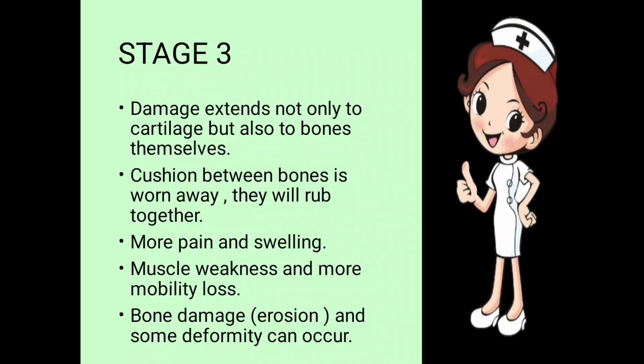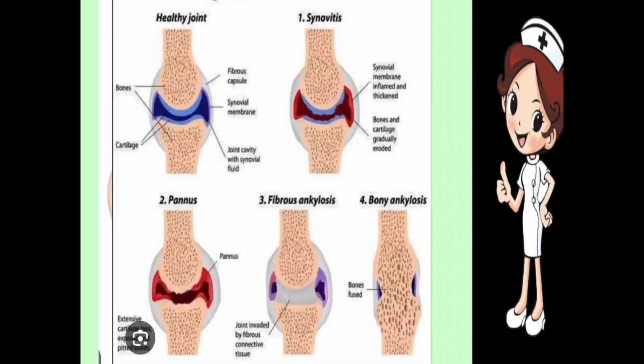Bone damage and erosion and some deformity can occur. Bone erosion means the bone starts crumbling into small pieces. You can notice that a shape change takes place in the bone in stage 3.